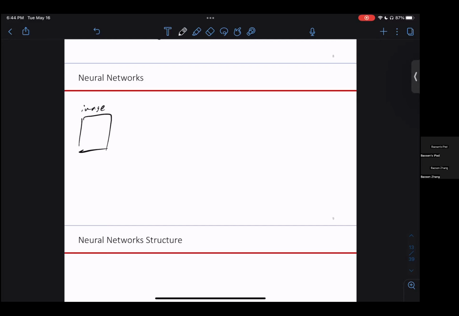This is a pixelated image, and you put this through a neural network. This is 16 by 16, which is 256. You have many, many x in your input.